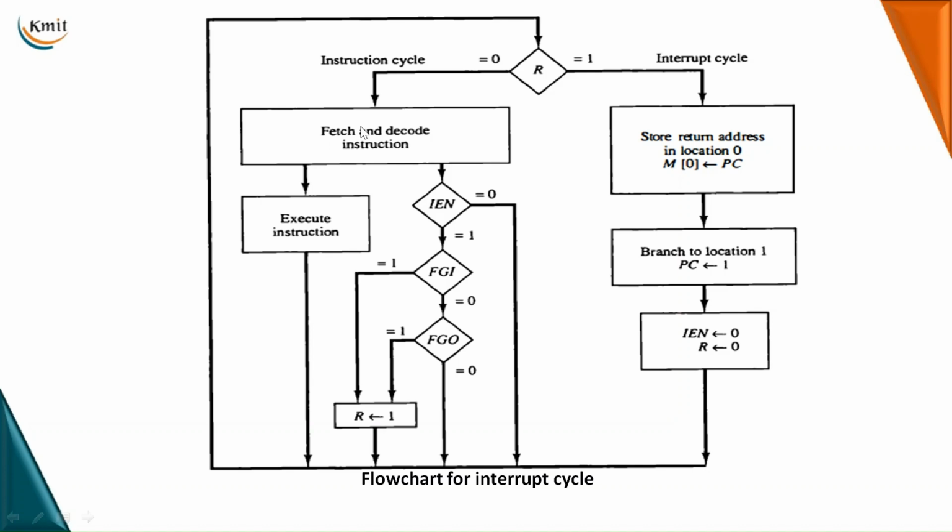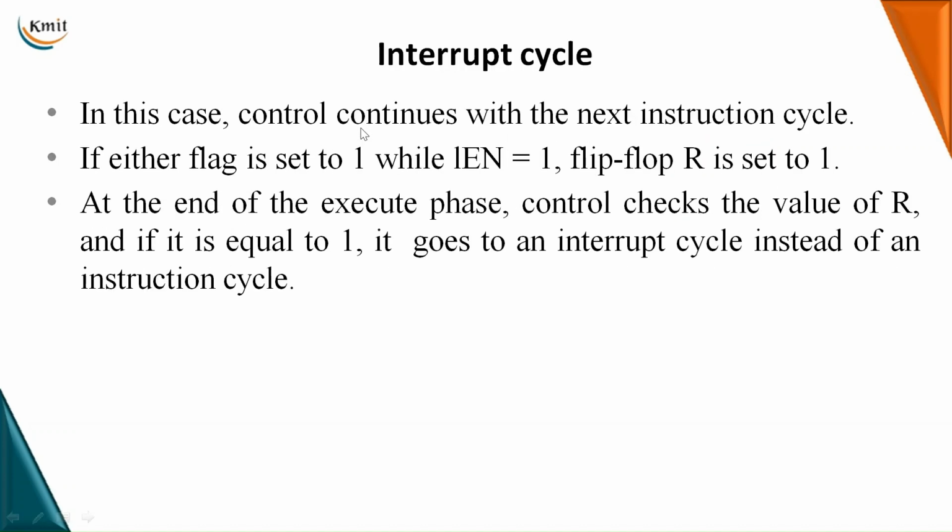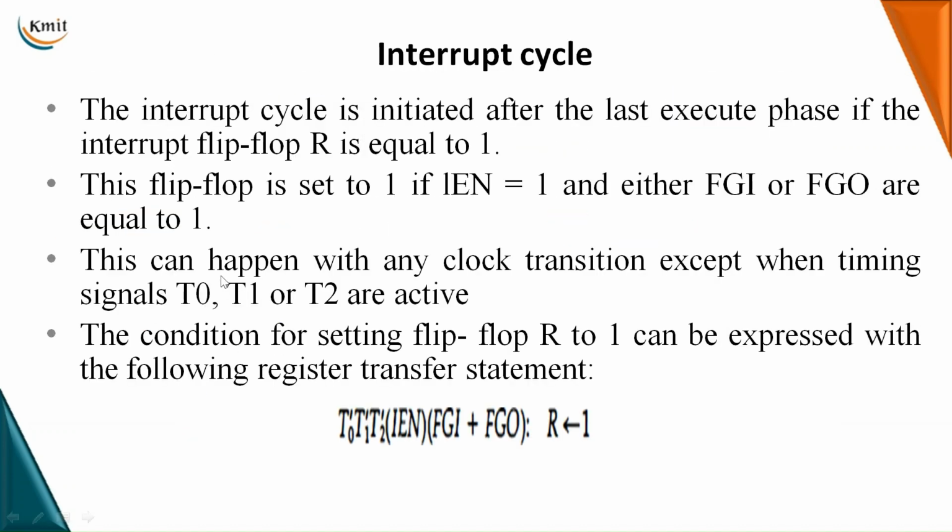So other than T0, T1, T2, this flip-flop will be set to 1. During the execution phase, which means at T3, this can happen with any clock transition except when the timing signals T0, T1 and T2 are active.